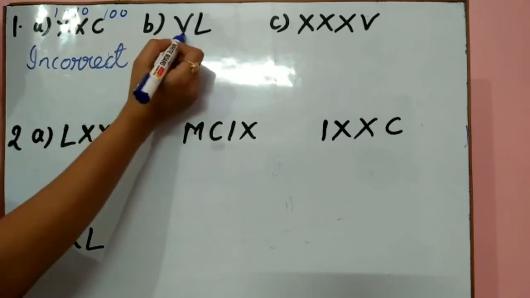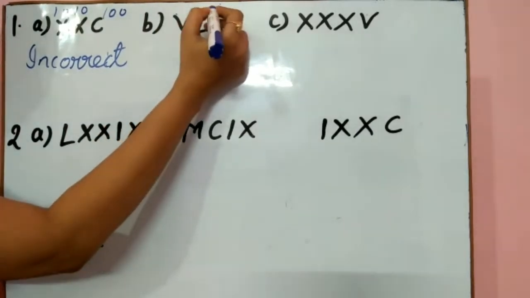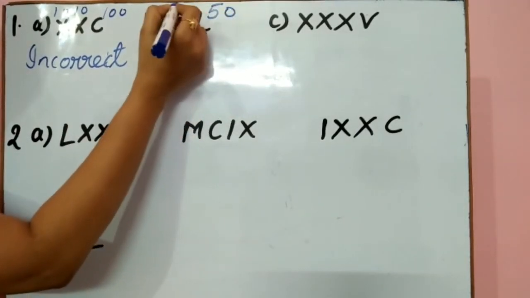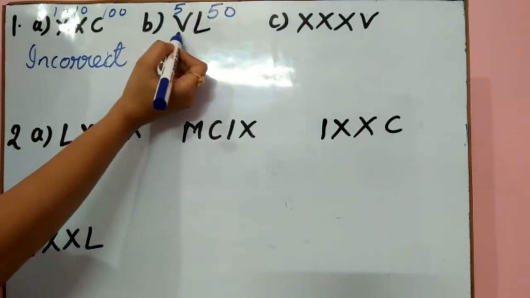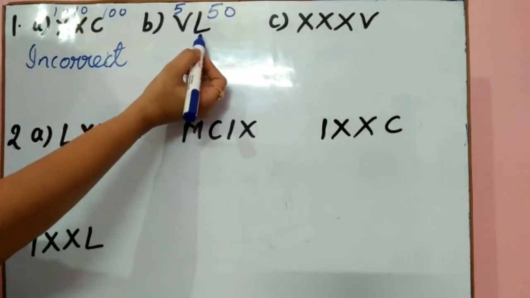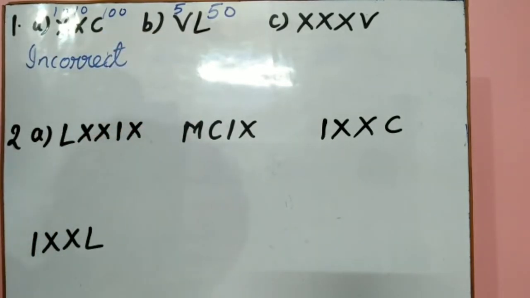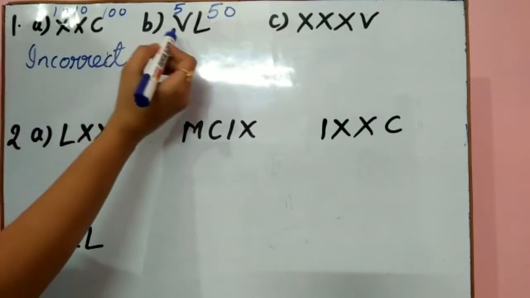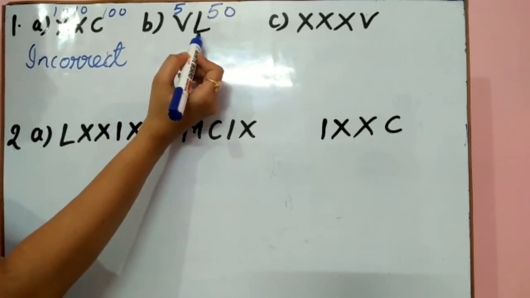B. VL. The value of L is 50 and the value of V is 5. There is a rule: whenever a letter of smaller value is written to the left of a letter of greater value, the value of the smaller letter is subtracted from the value of the greater letter.